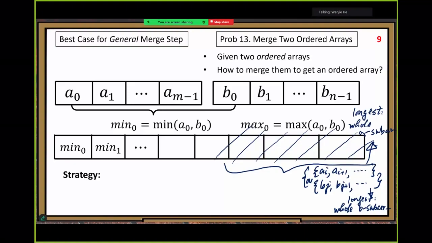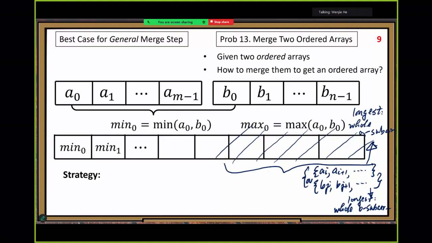That means the first A element beats all the elements in B subarray. The very first element in A subarray already beats all the elements in B subarray. That's the A case. For this B case, the first element in B subarray already beats all the elements in A subarray.